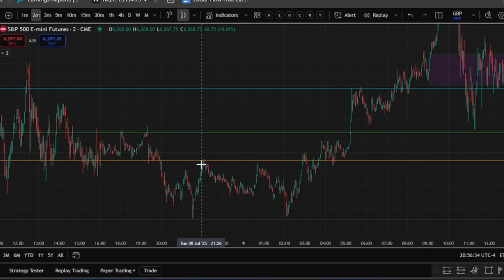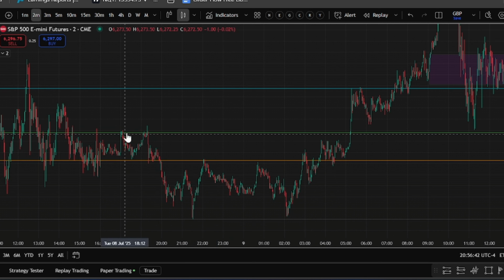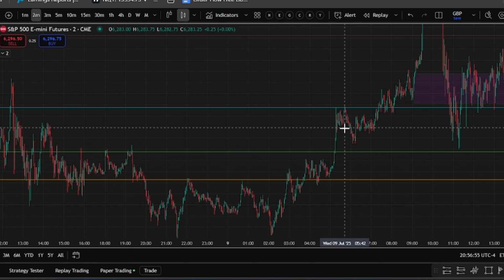If you're looking for long, you can scalp between these two, but there can be resistance, like price was getting resistance here. So look for a clear path for the price and enter only then. You can scalp for sure, but for long trades, make sure there is a clear path.